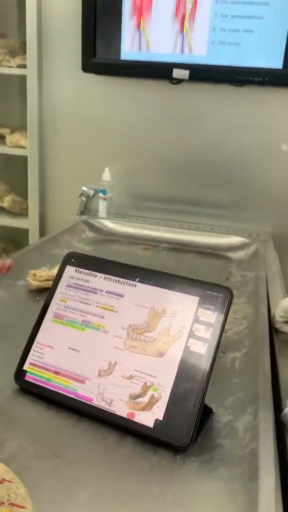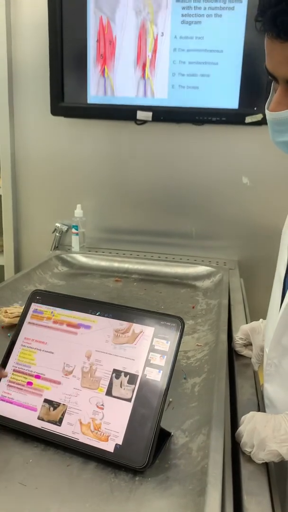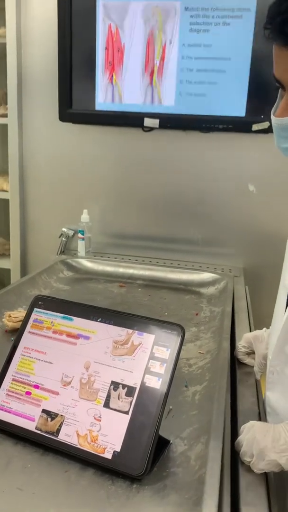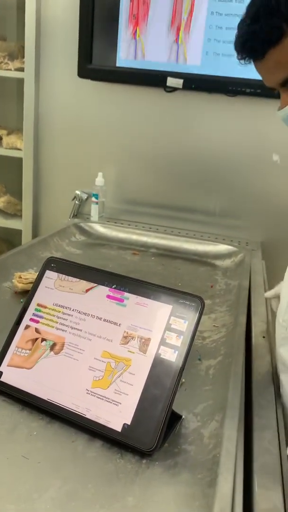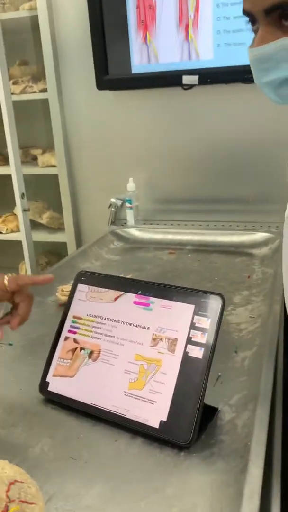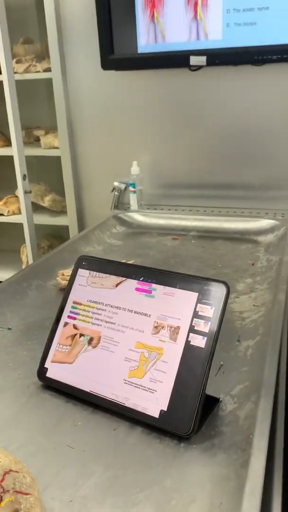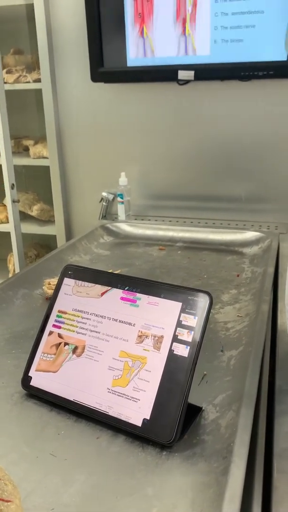Remember about the mandible, the ramus of the mandible, the body of the mandible, and then the ligaments of the mandible. The same ligaments you will study in the temporomandibular joint.